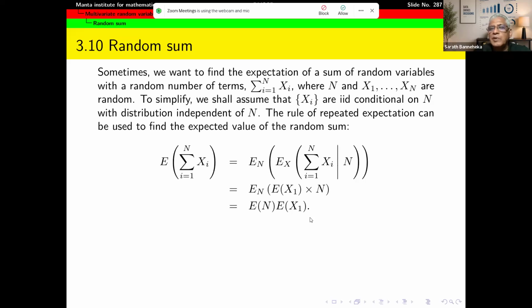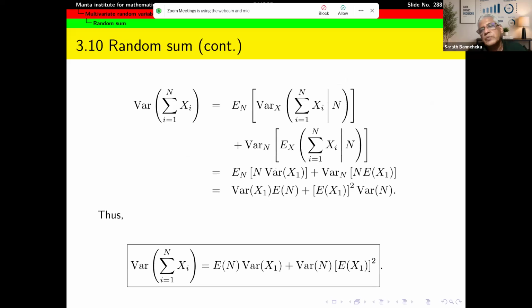Generally, somebody might expect this expression without any theory. So the expected value of the sum of capital N terms X1, X2, X3, and so on, is equal to expected value of N times expected value of any Xi term. That is one important result.